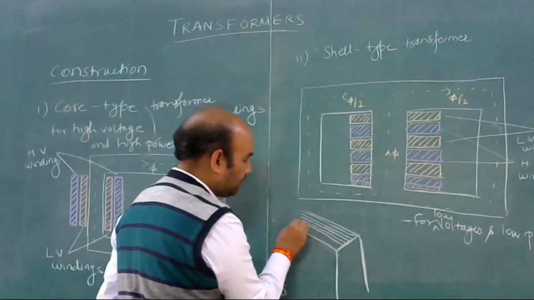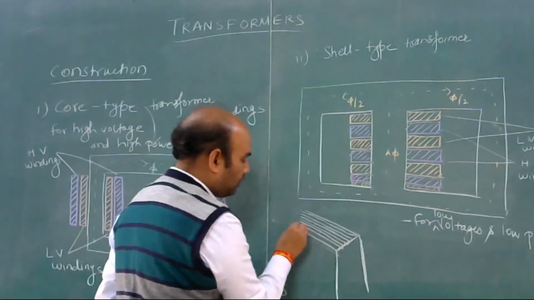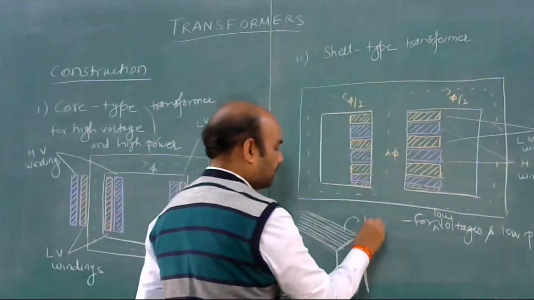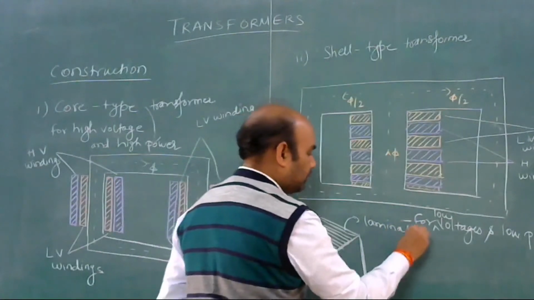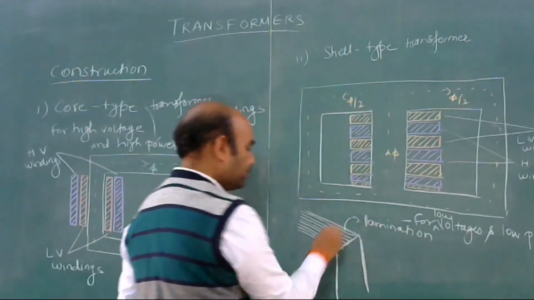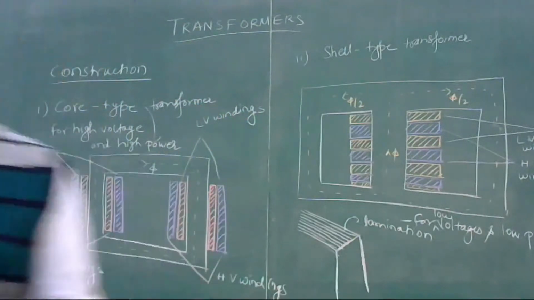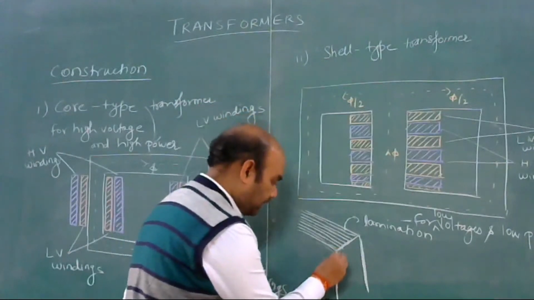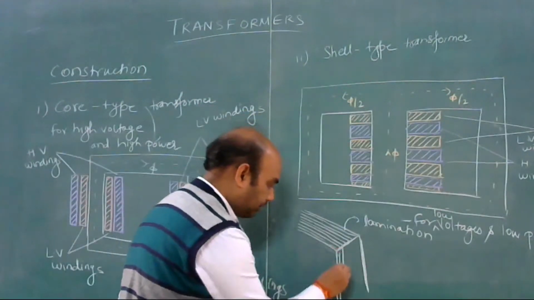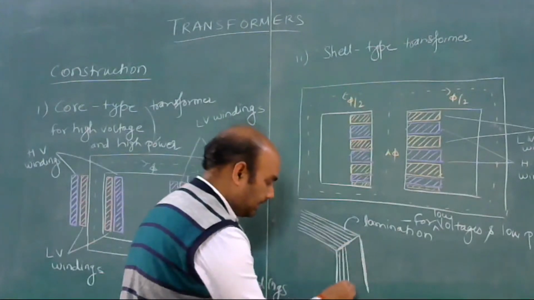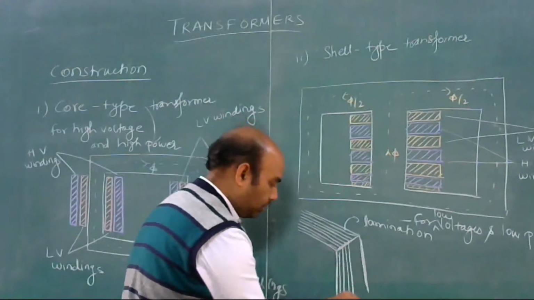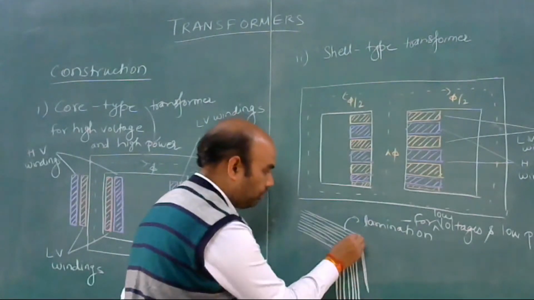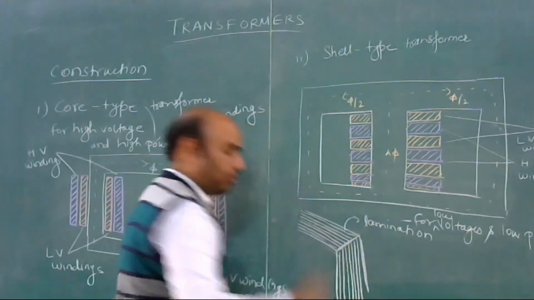These are known as laminations. We use thin sheets of silicon steel, and they are stamped together. This thin lamination of silicon steel is pressed together and forms the core of the transformer.